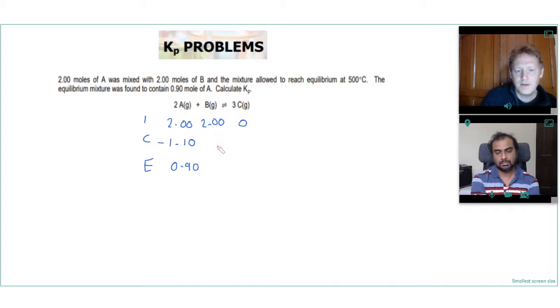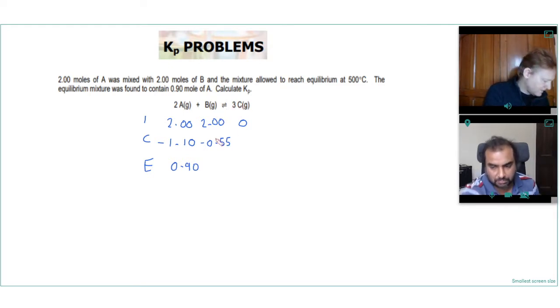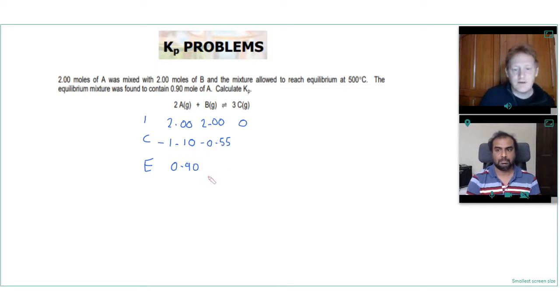Now the change for B, because it's a 2-to-1 ratio from A to B, would be half of that. So that would be minus 0.55. And the change for C would be 3 times the change of B, which is 3 times 0.55, which I make to be 1.65.